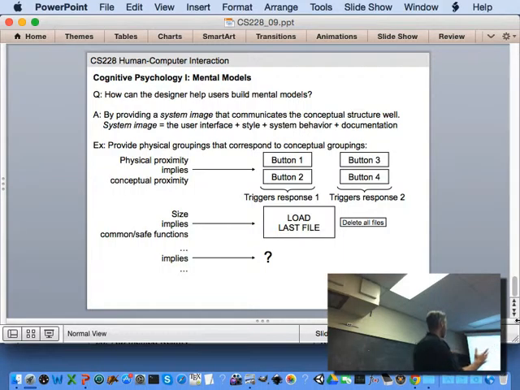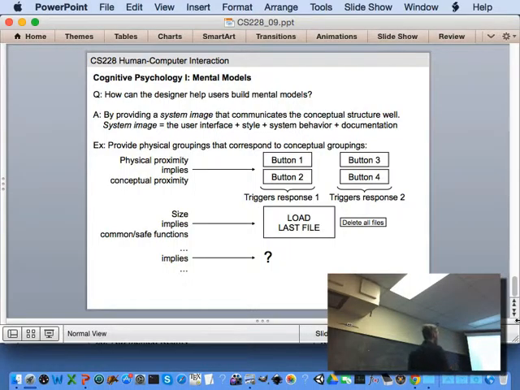Here's some more tricks. And again, these are examples of visual metaphors that we've talked about before. Maybe you group buttons or interaction widgets together if they have similar function, right? A visual metaphor says there's something about the spatial distribution of things, and that spatial relationship is supposed to be a reflection of a conceptual relationship.